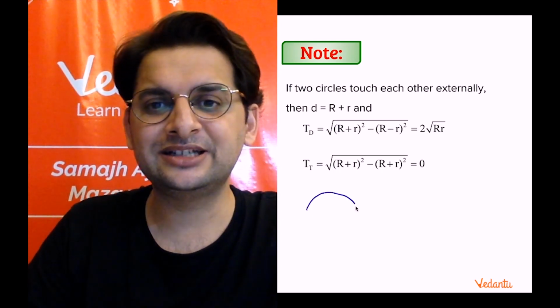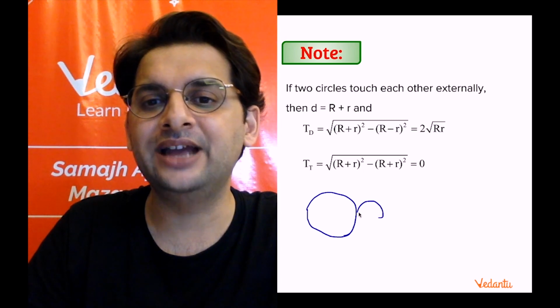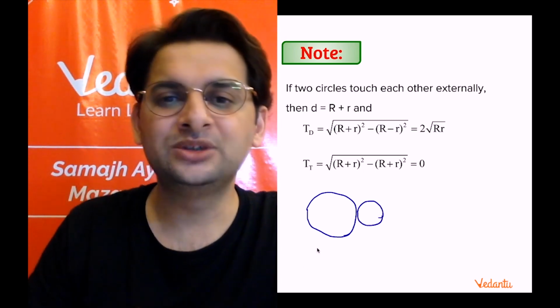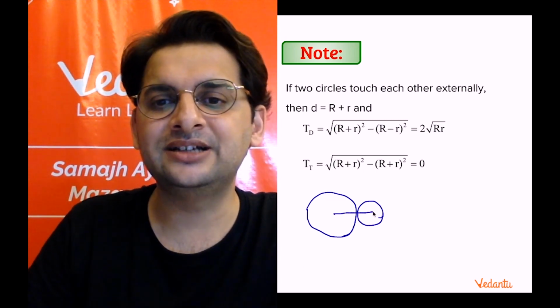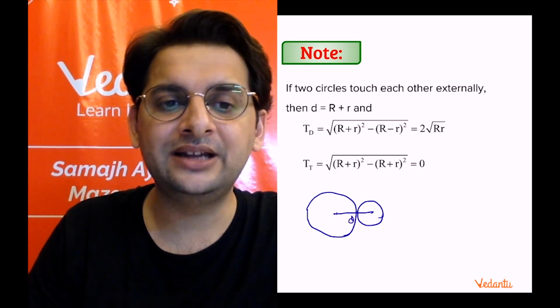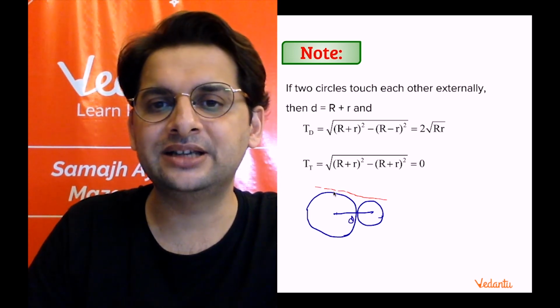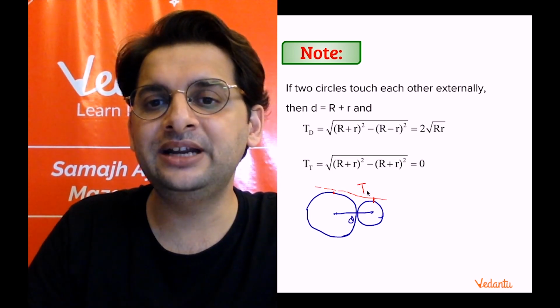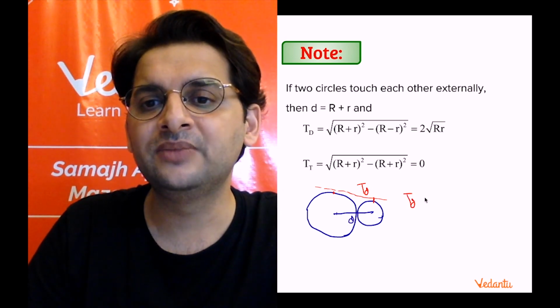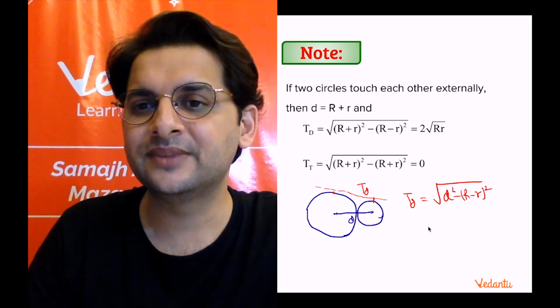The special cases when two circles touch each other externally. So this is clearly D, and we need to find the length of the direct common tangent in this case. If we remember, the length was root of D square minus (R minus r) whole square, right?